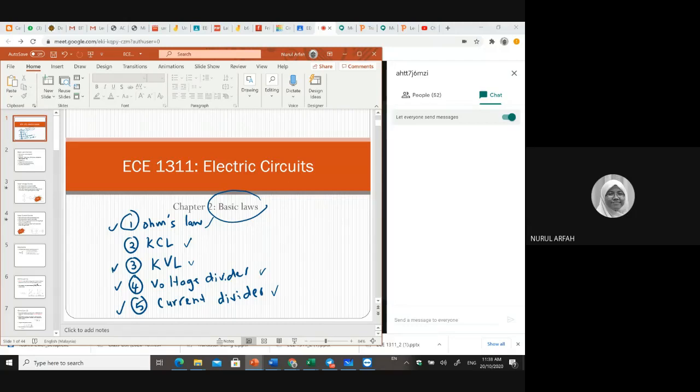So if the question asks you to use only basic law, please do not use another methods in chapter 3 or chapter 4. This is chapter 2. So you use only basic law if they ask you to use basic law. So what are they? These 5. Okay. So I already wrote down here, and then maybe later on you will get familiar with this thing.